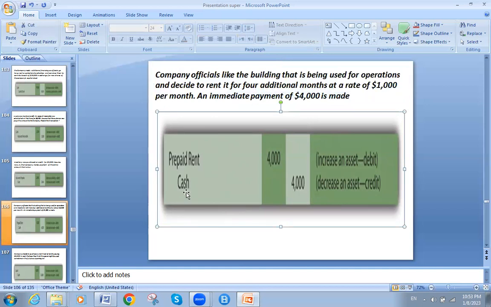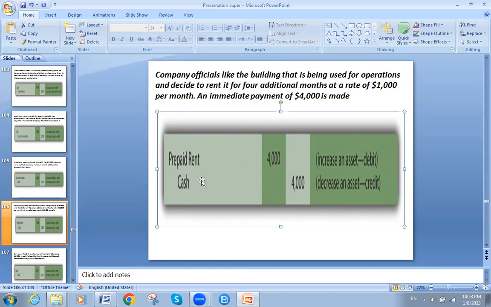Except for the goods or raw materials which you buy for reselling, like purchases, any other kind of things that you buy to generate profits, you just say with its name. So here we pay rent, and prepaid rent means paid for the future in advance. 4,000 from prepaid rent into cash.